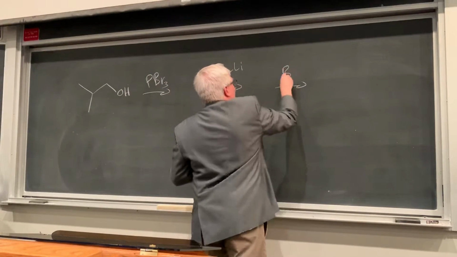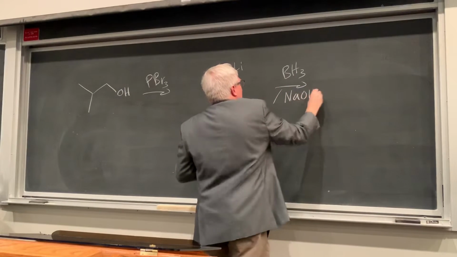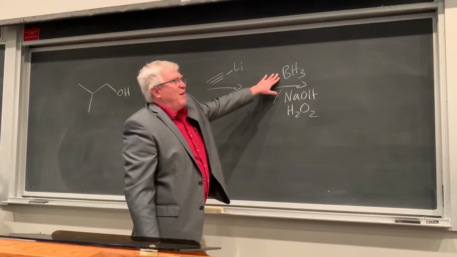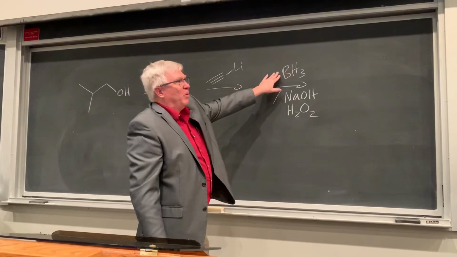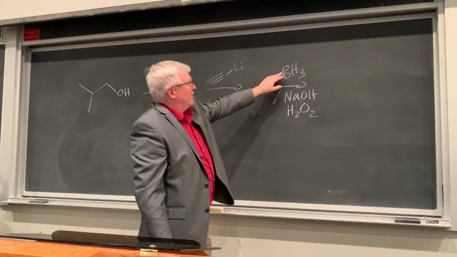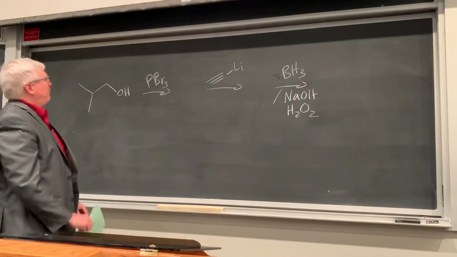And then borane and base, peroxide workup. Remember borane, you could use 9-BBN also. That actually improves the anti-Markovnikov selectivity. Either way, or just show borane like that. That's fine.